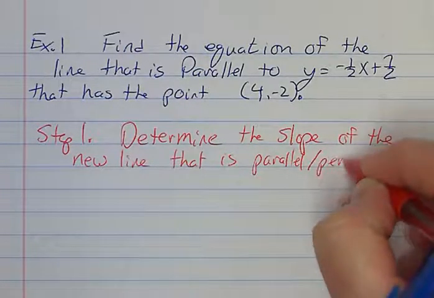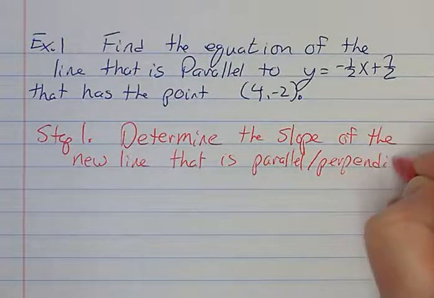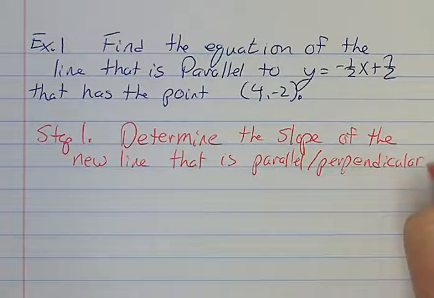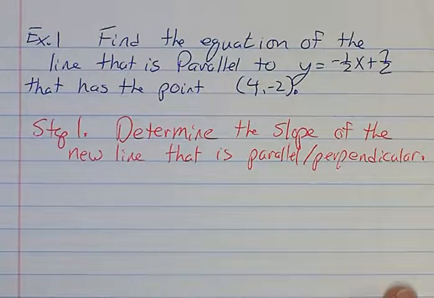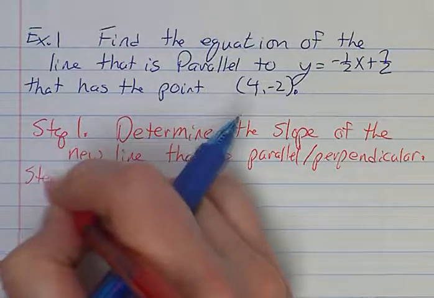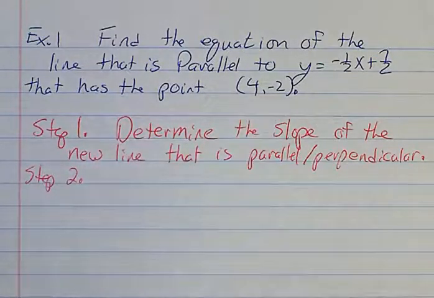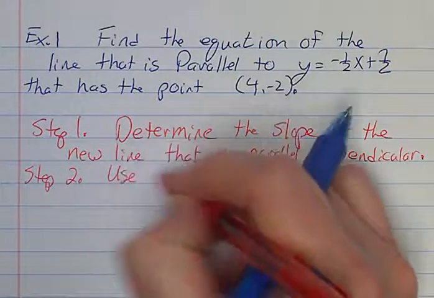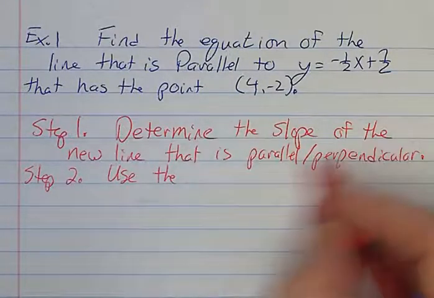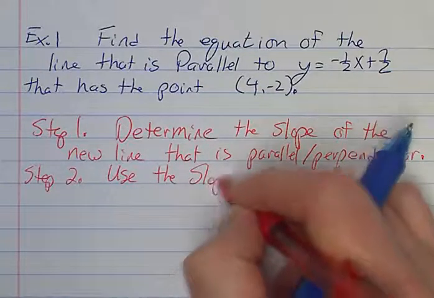Because it's going to be one of the two. It's just going to change depending on the problem. Okay, and again, this part's where you're just going to look at the equation. We'll get that in a second. Let me give you the second step, and we'll come back and do both of these real quick. Second thing you want to do is, once you've determined what this slope is, use the slope from step 1.